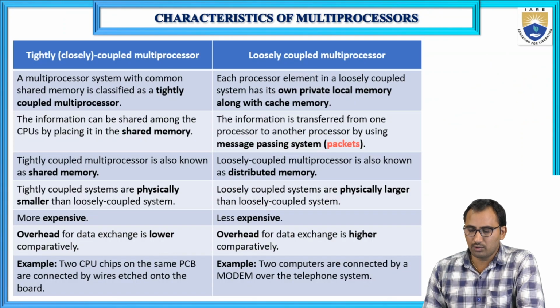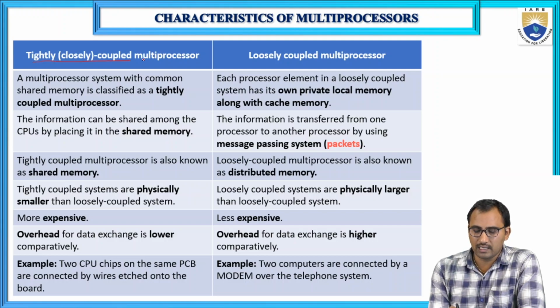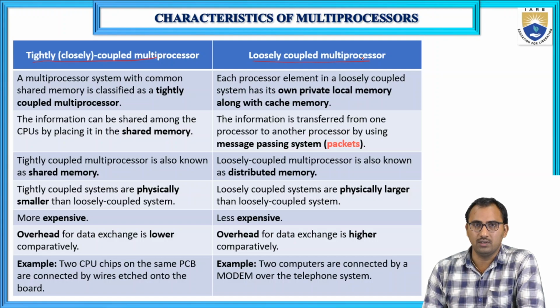Coming to the classification of multiprocessors: multiprocessors are classified based on the memory associated with them. We have two types: one is the tightly coupled multiprocessor, and the second is the loosely coupled multiprocessor.